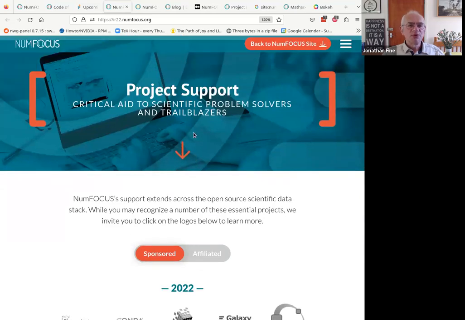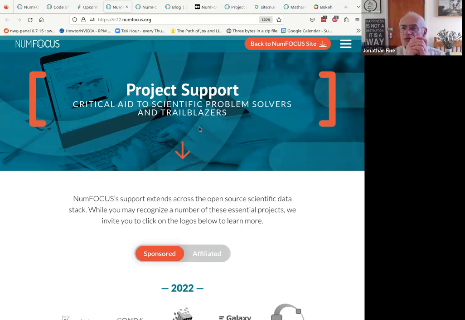So project support. So it supports projects. In a sense, you don't go to NumFOCUS for a solution. You go to a project that's run by NumFOCUS or sponsored by NumFOCUS. So if you want math on web pages, you go to MathJax. MathJax is the place for getting math onto web pages.